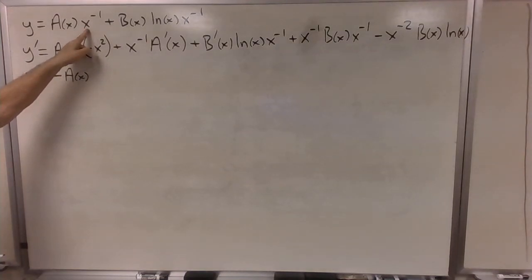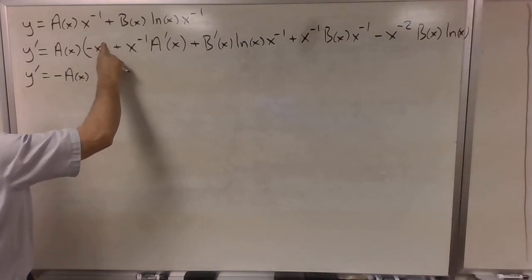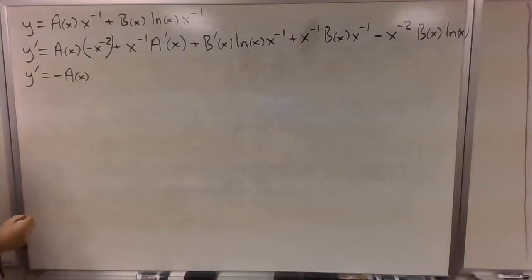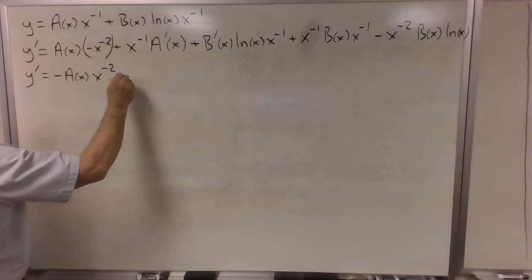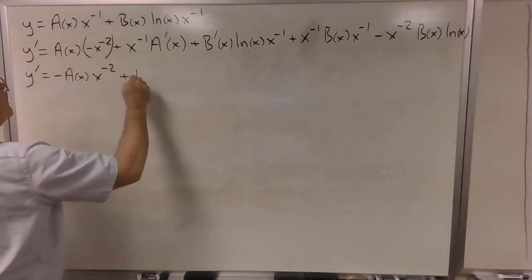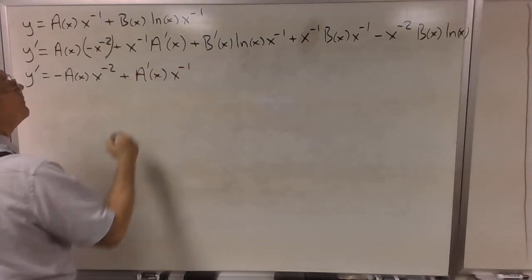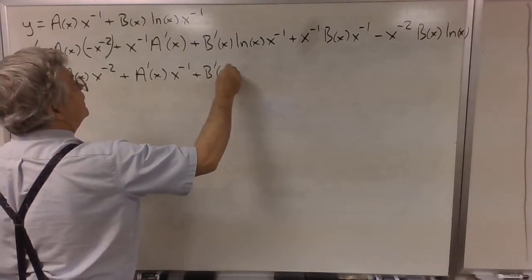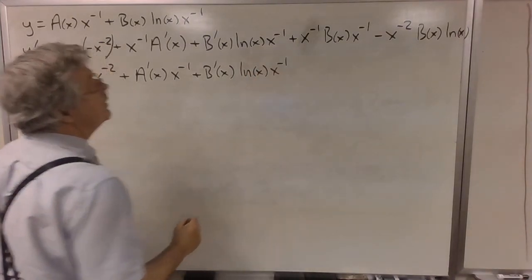Derivative of x to the negative 1 is negative x to the negative 2. And I'll say a prime of x, x to the negative 1 here, plus b prime of x, natural log of x, x to the negative 1 there.